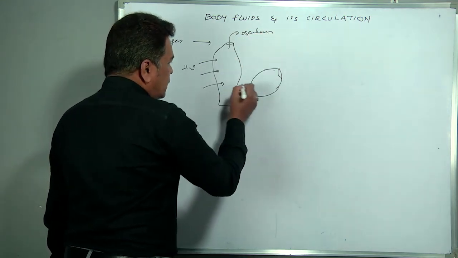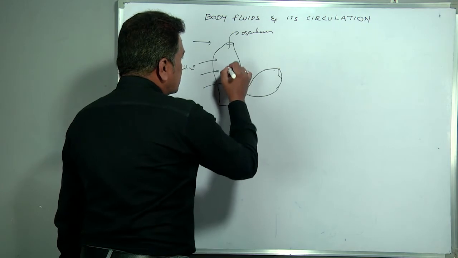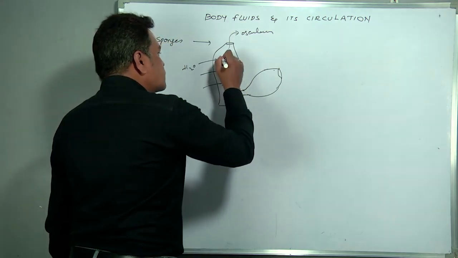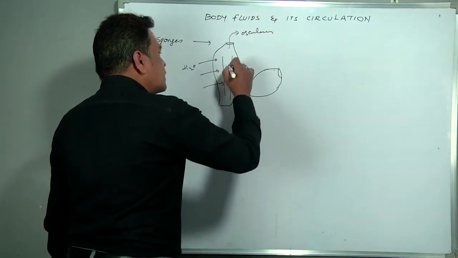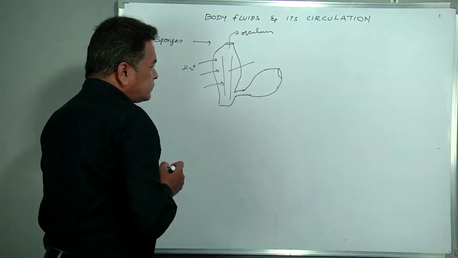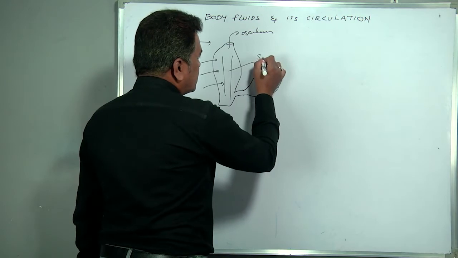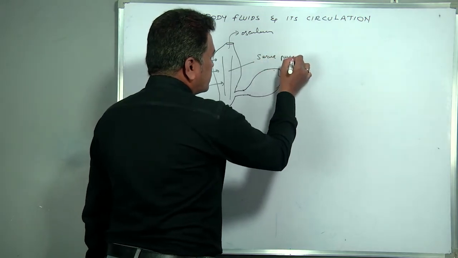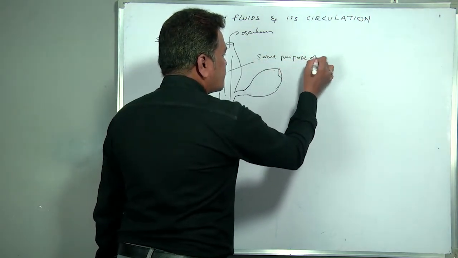Here, this is the spongocoel. The spongocoel serves the purpose of circulation.